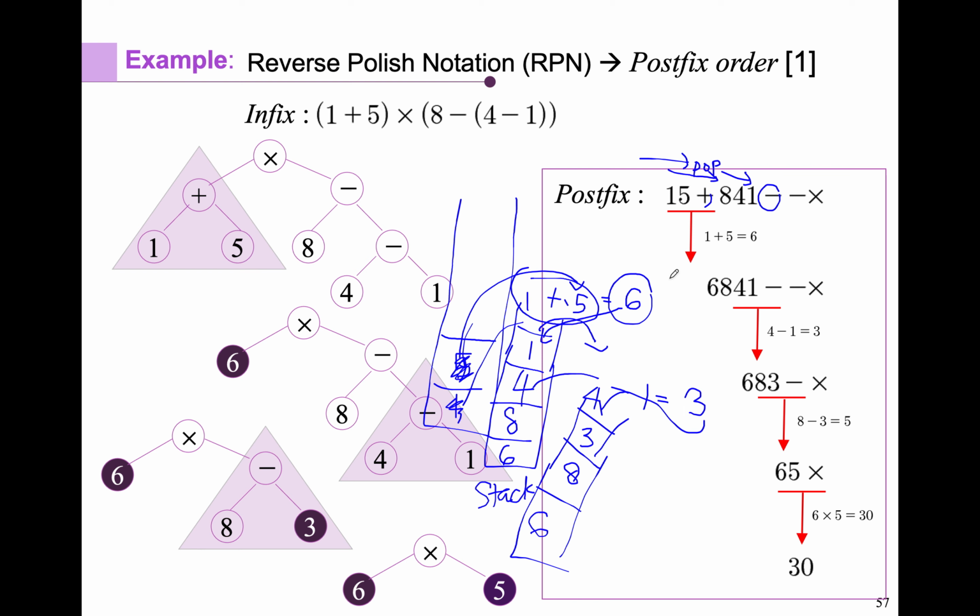Now you have 6, 8, 3. And you will continue, you meet another operation. If operation, what you're going to do is pop.